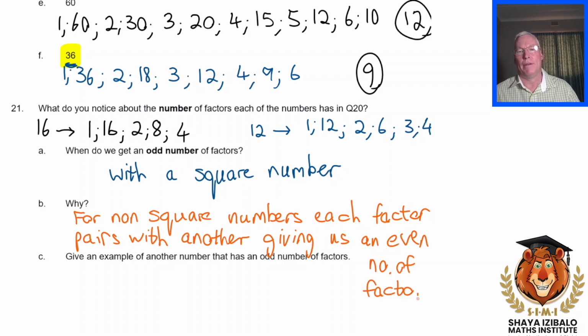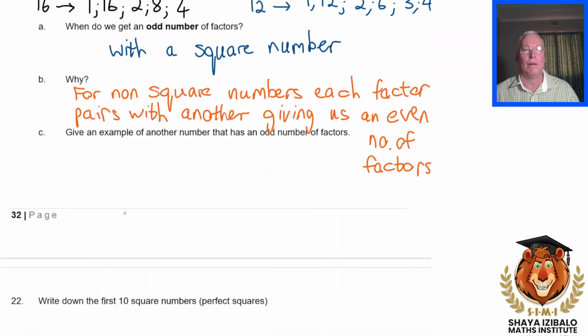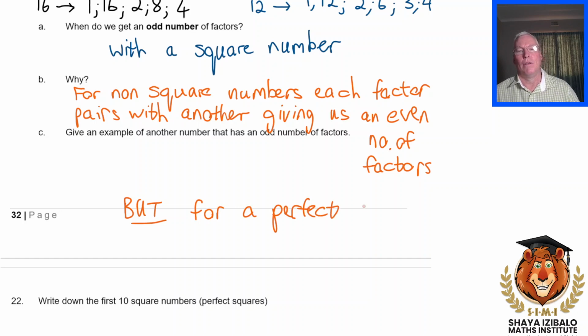But for a perfect square, the square root, okay, we know what that symbol means, the square root goes with itself.